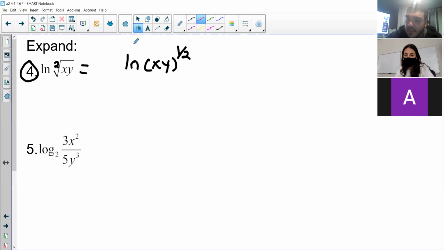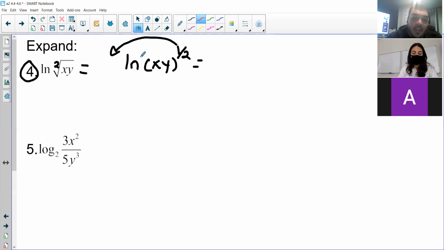Now, in this case, we have the exponent happening and then a multiplication on the inside. So what we can do is move the exponent first. If you distribute the exponent, then separate it, you still get 100%. You'd still be correct.